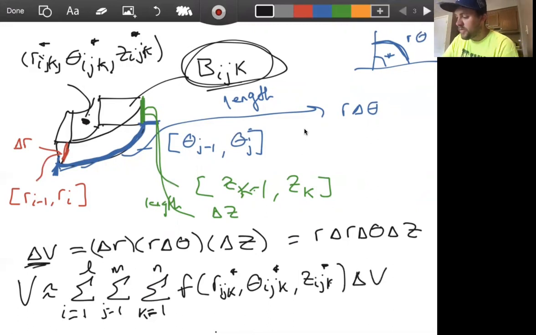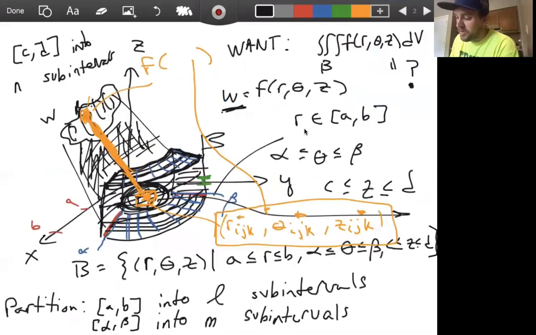Because remember, the volume of this four-dimensional solid is going to be the three-dimensional volume of the base times the height.